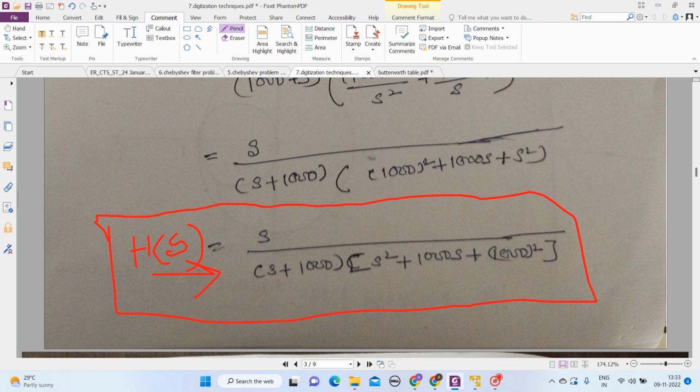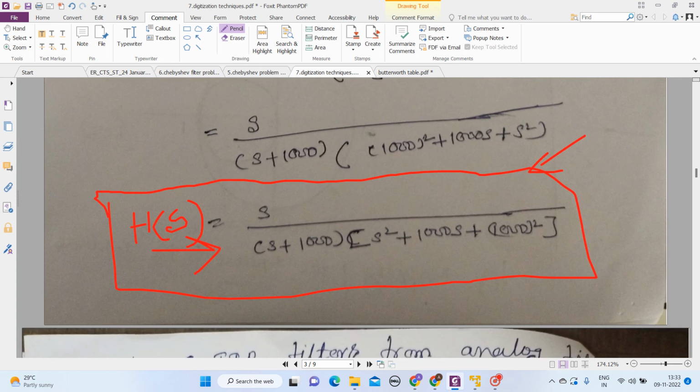It is a very interesting topic. Using the low pass filter specification, we can easily find the transfer function of the high pass filter. So this is your final result.